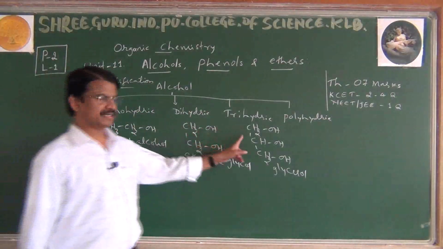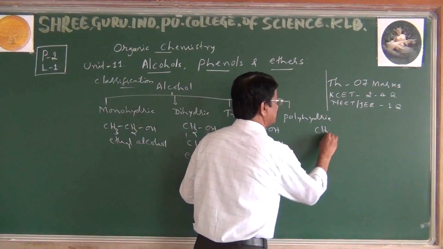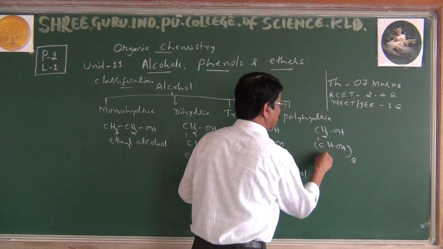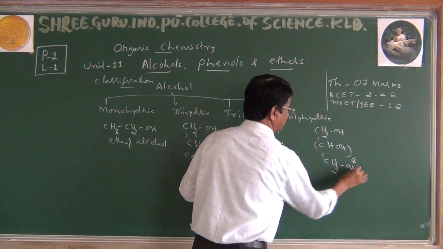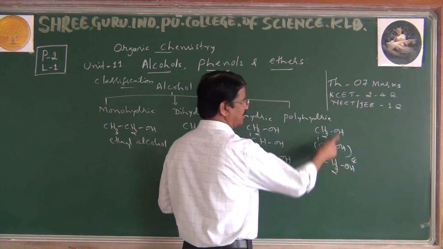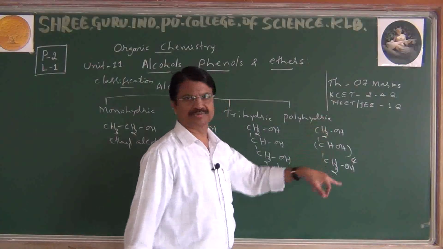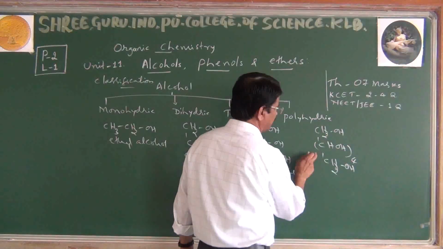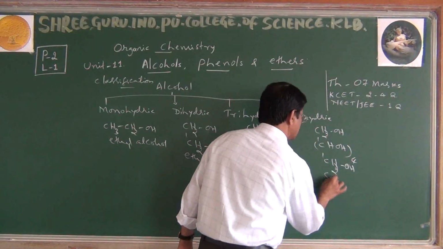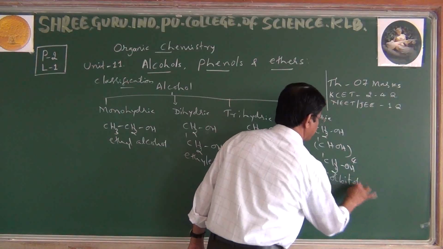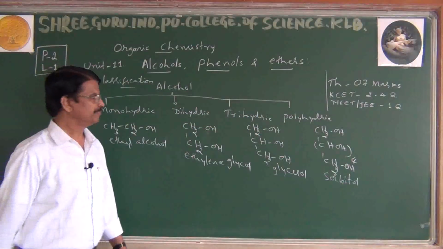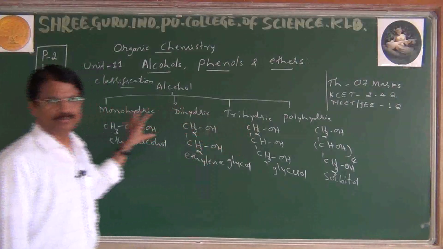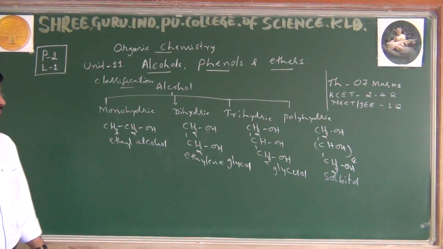Polyhydric: CH2OH, CHOH 4 times, CH2OH. Actually, 6 OH groups are hexol. Then its common name is sorbitol. So in the nomenclature, I will cover how to name the compounds according to common name and IUPAC name.